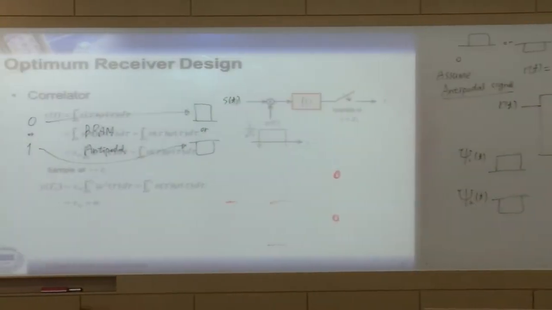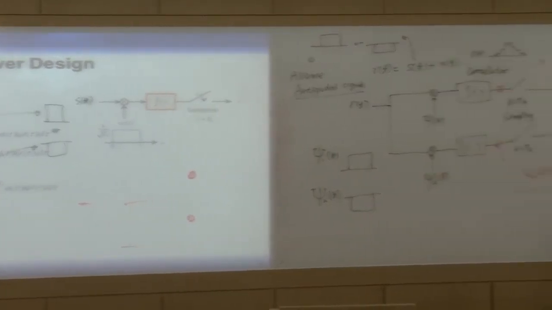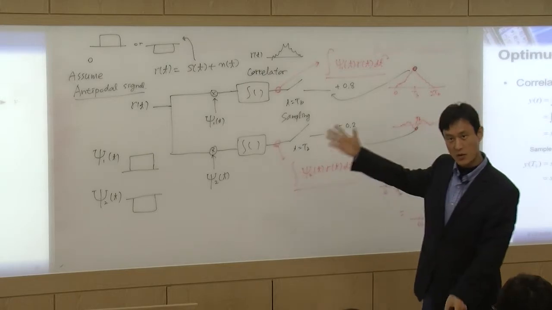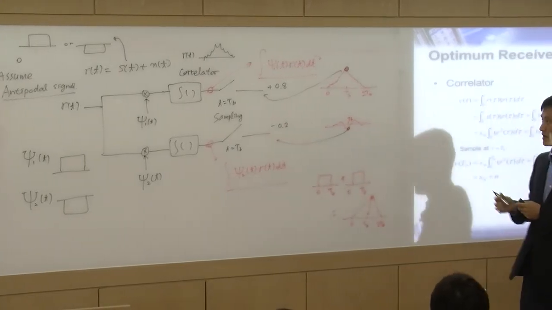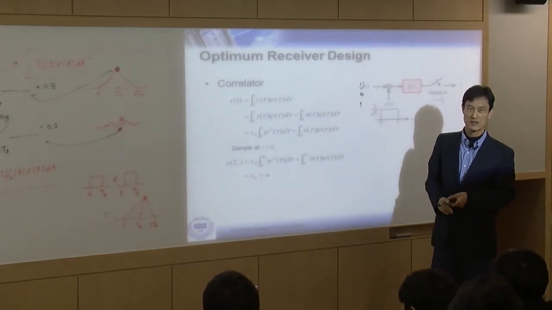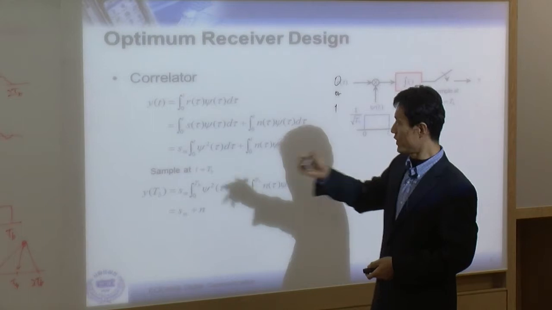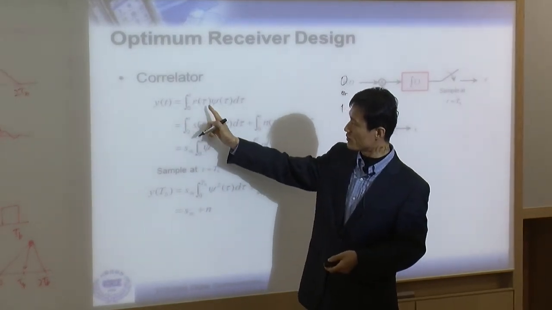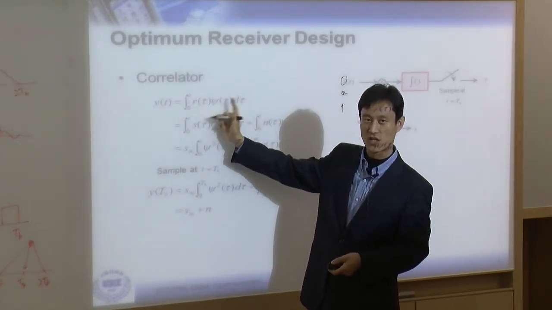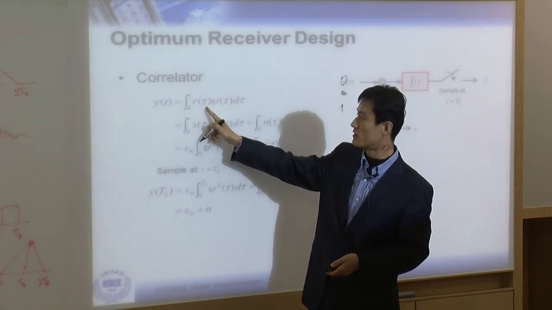So that's the block diagram picture. When you look at this whole process in equation form, this is simply mathematics. We have r(t); we just changed the variable to tau, but this is r(t), what we received.